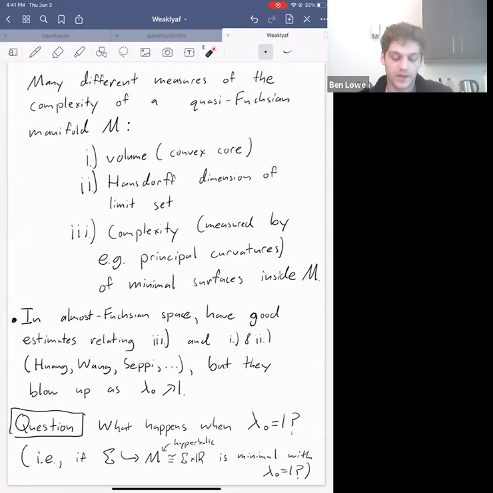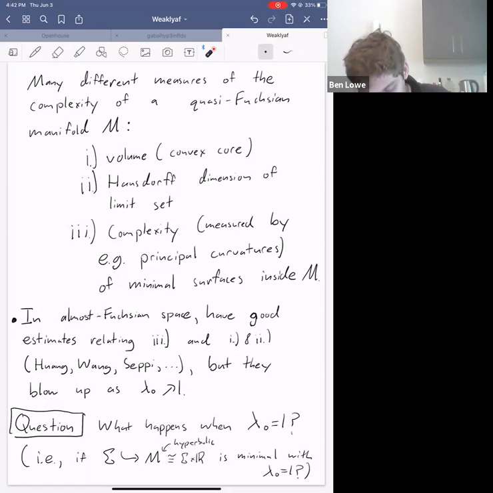Right. So, the transition a little. There are a lot of different ways of measuring how complicated a quasi-Fuchsian manifold is, and it's been pretty well studied at this point by the Thurston school of mathematicians.